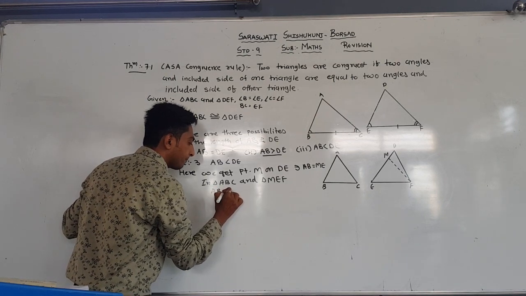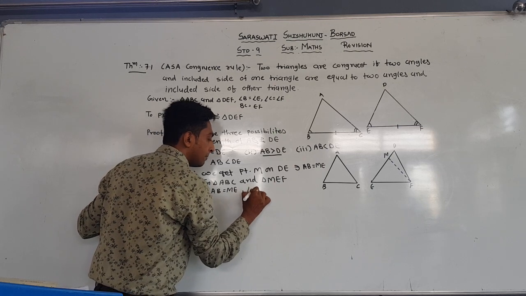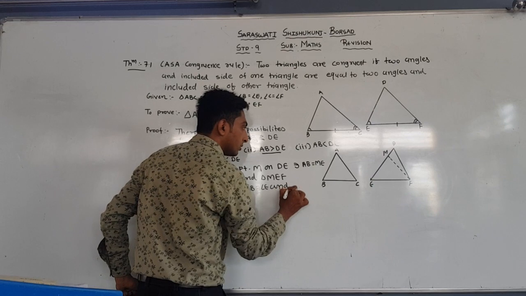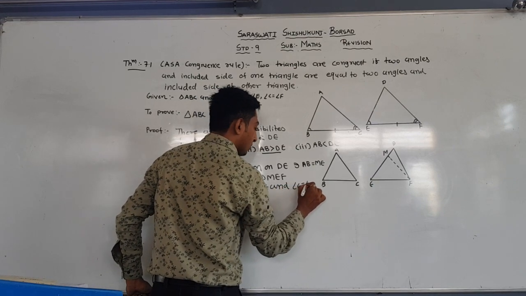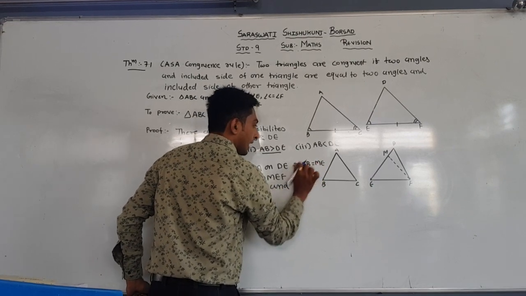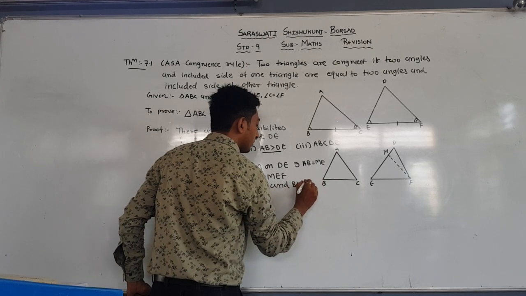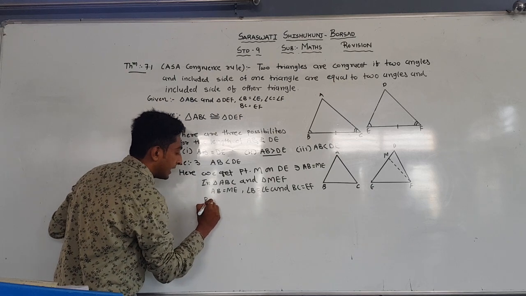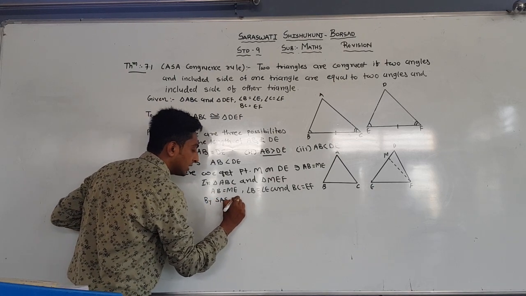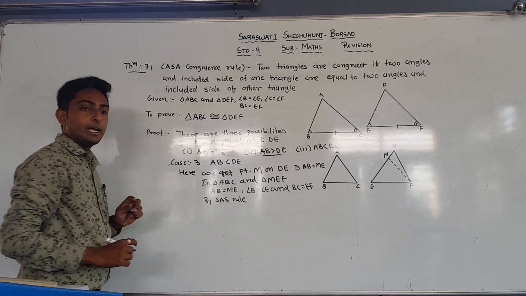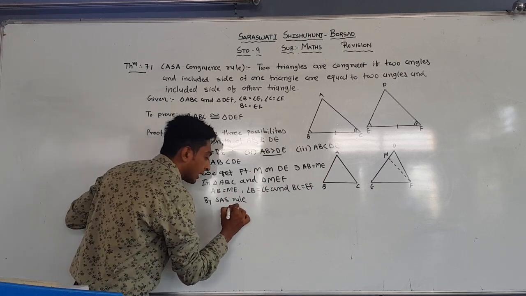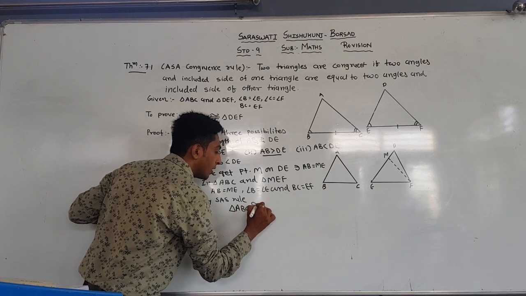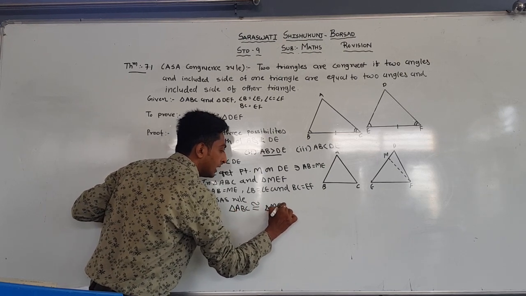So therefore, in triangle ABC and triangle MEF, AB equal to ME, angle B equal to angle E, and BC equal to EF. Side angle side. So by SAS rule, can I write triangle ABC congruent to triangle MEF?